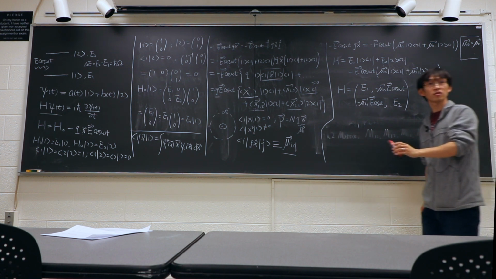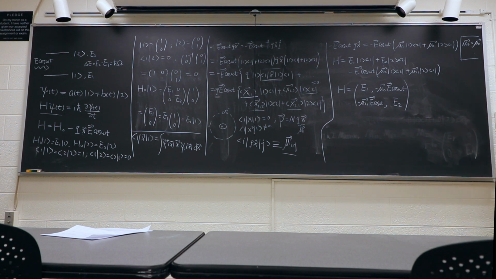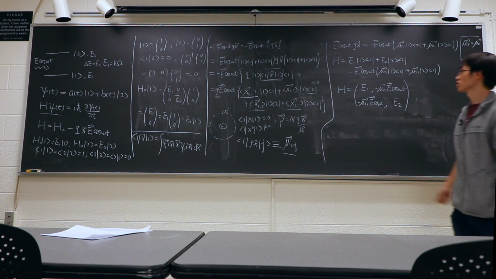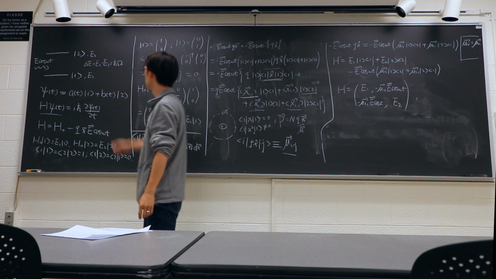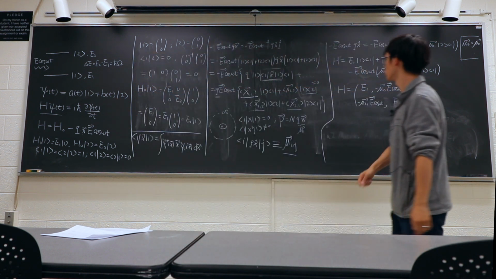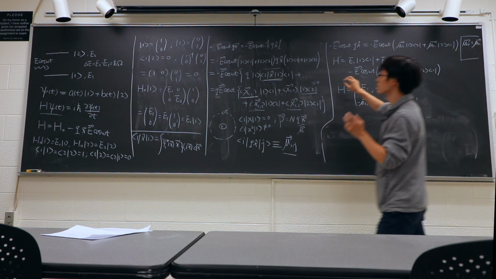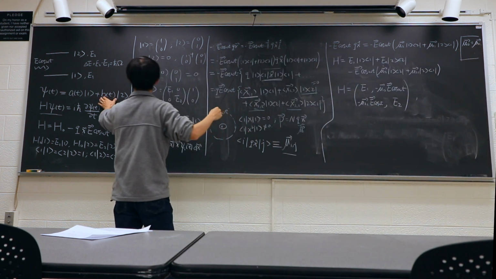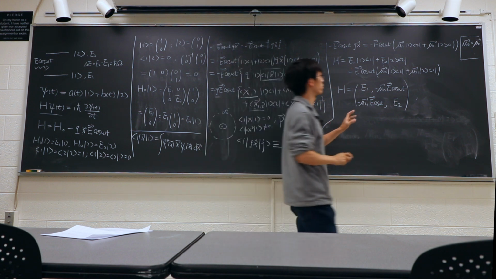Any questions so far? Okay. And the next step is, well, since we already do this, let's do the wave function. So, theoretically, you can already multiply this with this. Okay, you can already do that. It's all there.